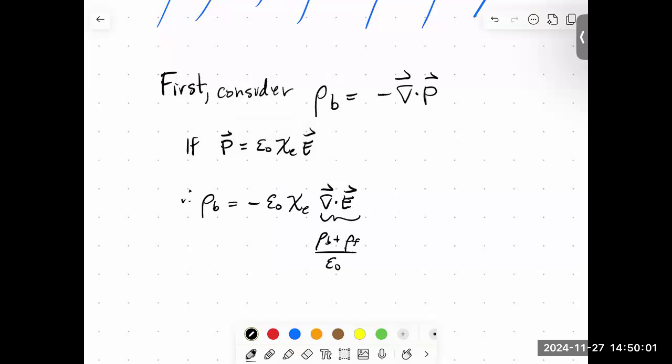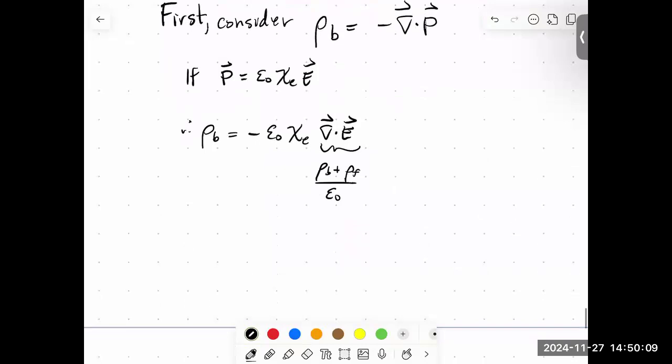All right, so then we have this kind of funny situation where we've got the bound charge density on both sides. However, we can solve for that. The epsilon naughts are going to cancel. So rho B is going to be minus the susceptibility times the bound charge density minus the susceptibility times the free charge density.